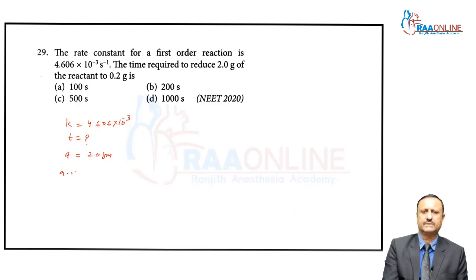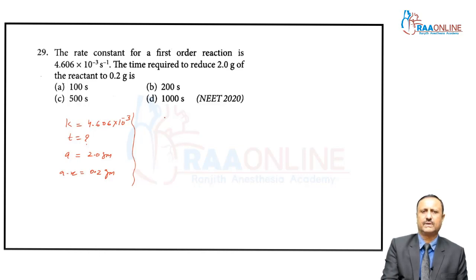So A is equal to 2 gram and A minus X is equal to 0.2 gram.